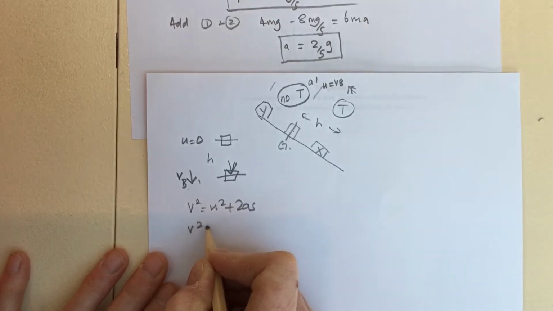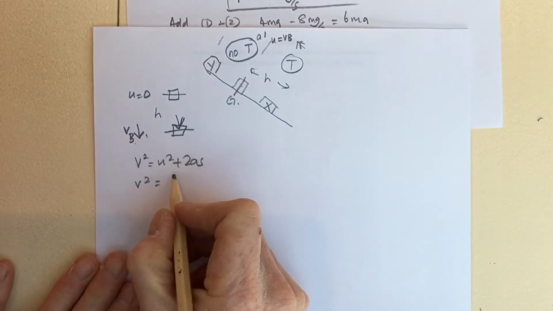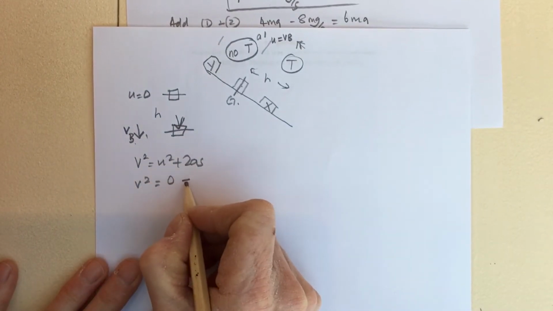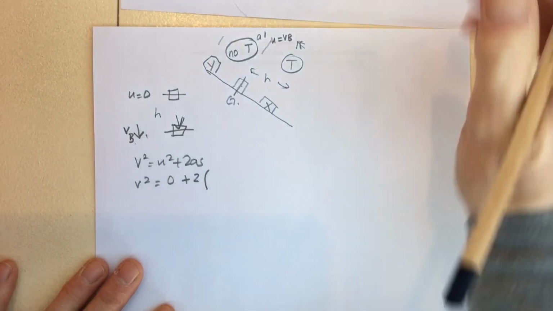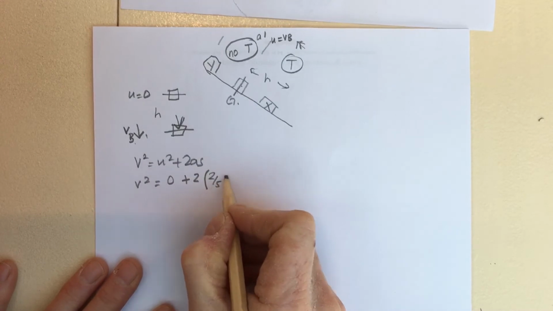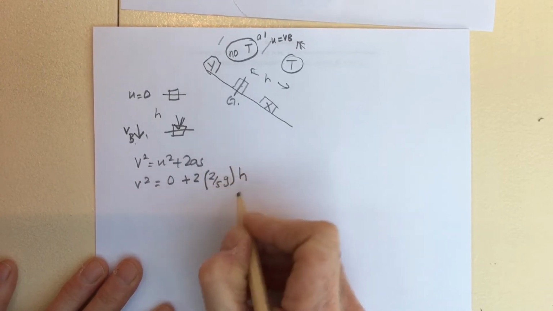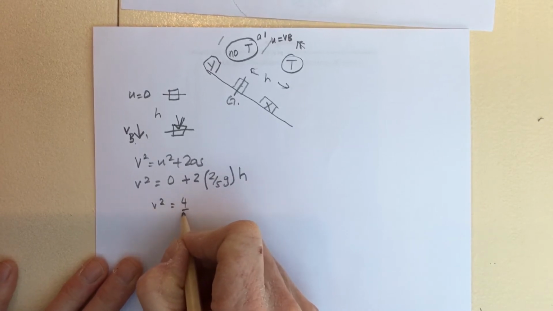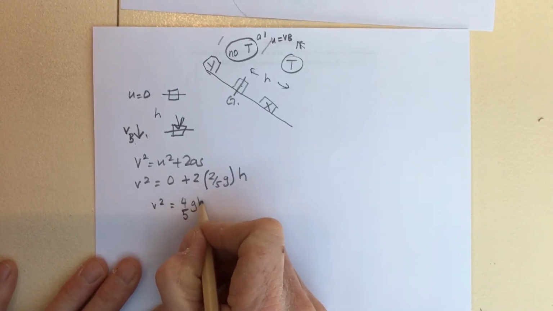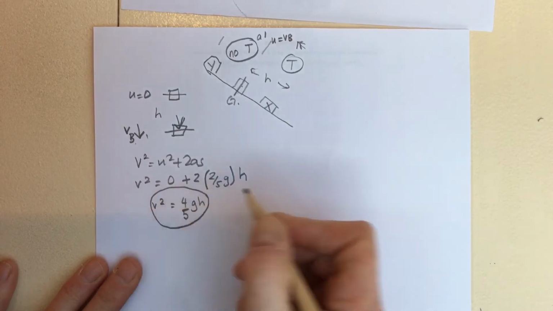So we've got v squared is equal to 0 plus 2 times 2/5 g times h. So my v squared is 4/5 gh, and I'm just going to leave it in that form.